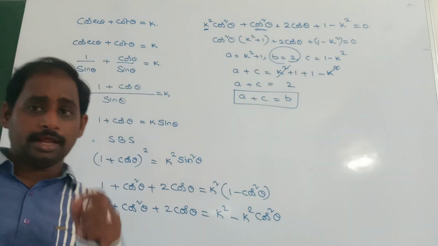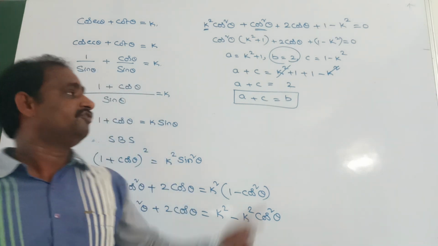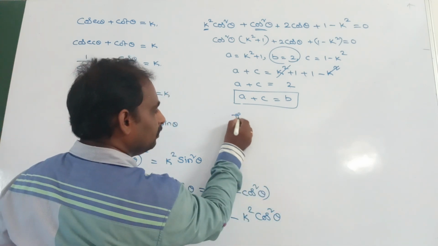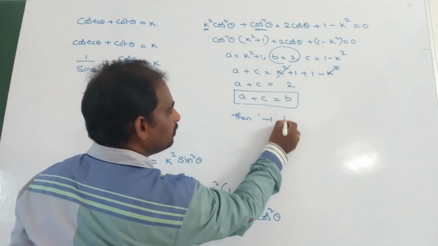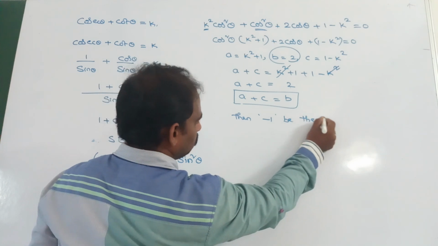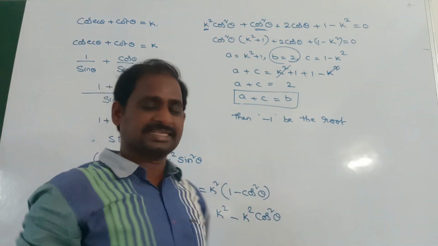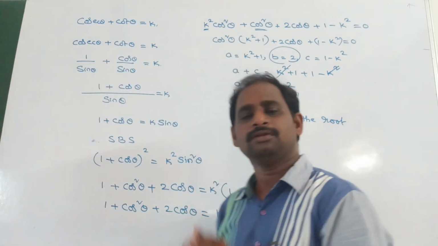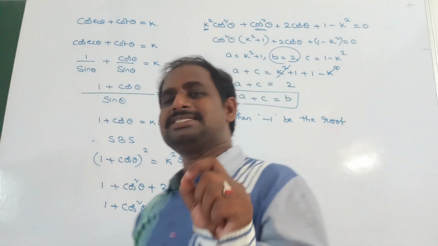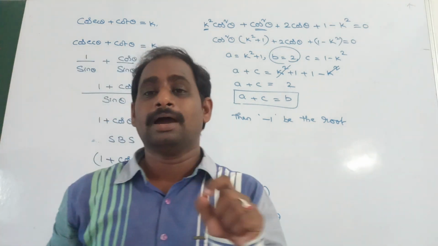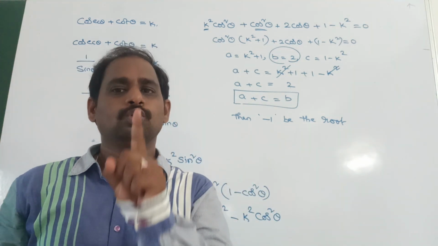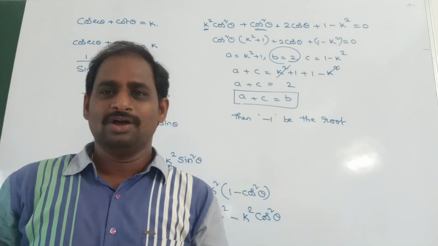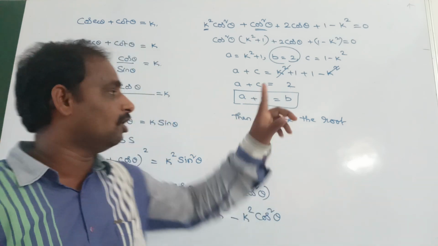So in any quadratic equation, if a plus c is equal to b, then minus 1 is a root. We learned this already in the 9th class. So out of the 2 values of cos theta, we already got one root.